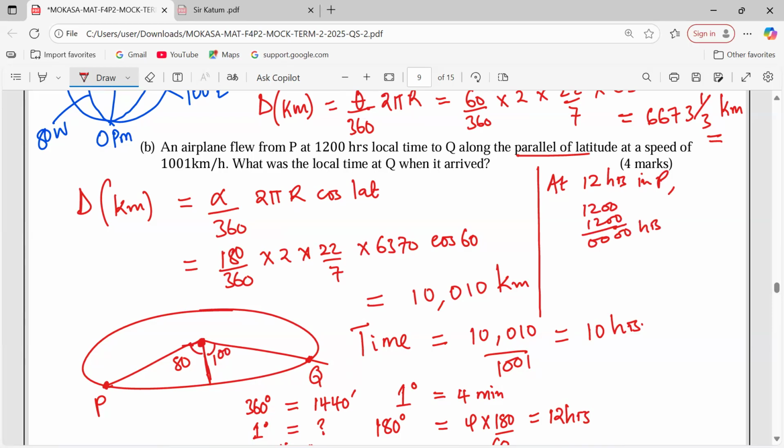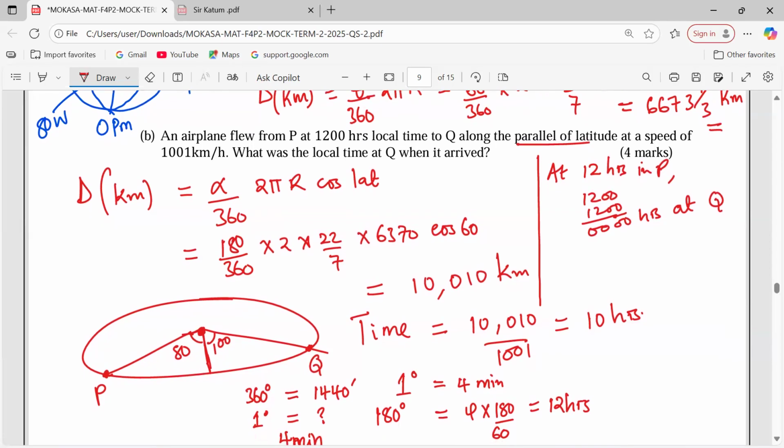Therefore, when it was midday at P, at Q the following day was starting.